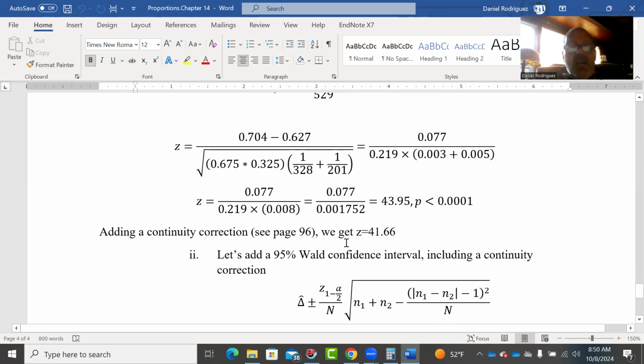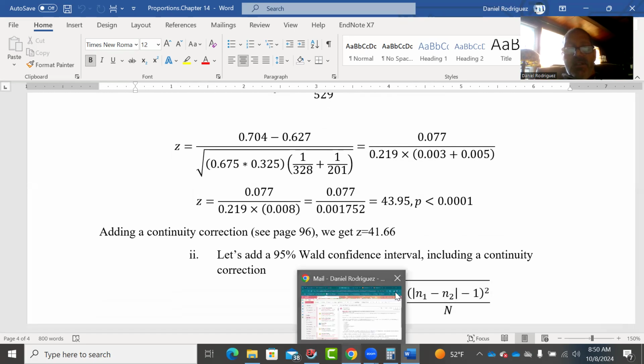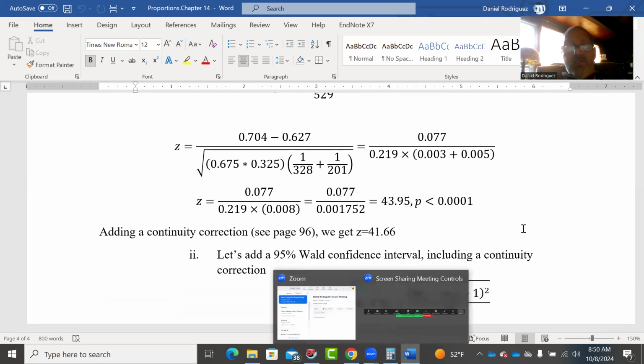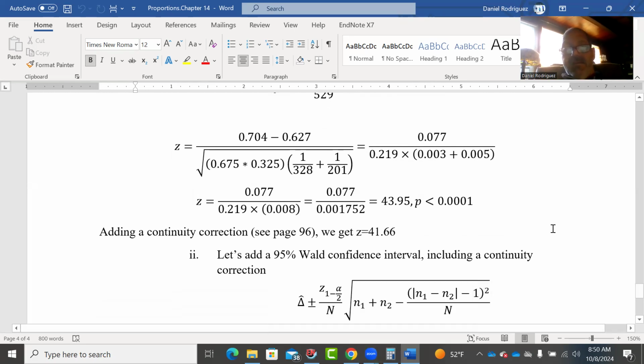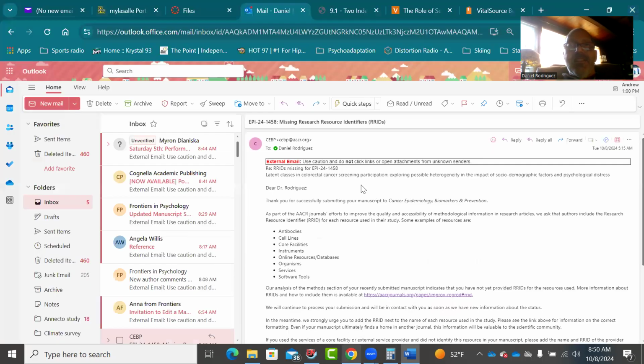If we added the continuity correction. So this is from my textbook. If you don't have the textbook, just make sure you get it. It's kind of late now for my course. For this course, it's late, but if anybody's watching this from outside of my course, it's never too late to buy the textbook.